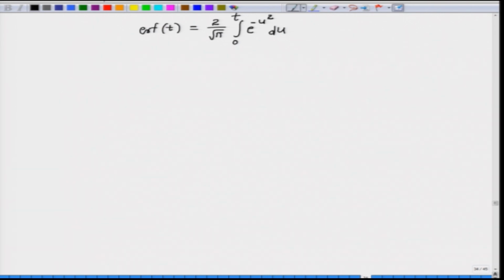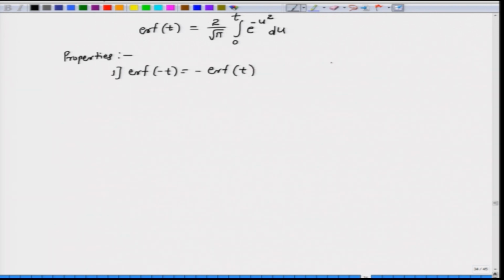So, let us see some of the properties of the error function. First one is that erf(minus t) is equal to minus erf(t). It is easy to show.